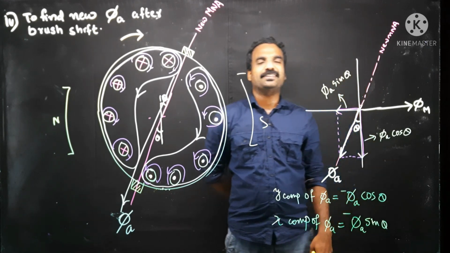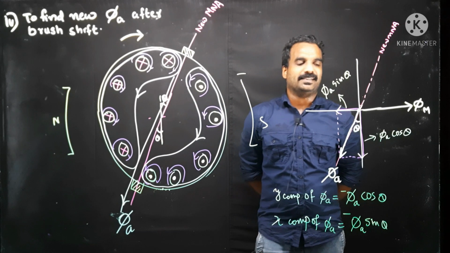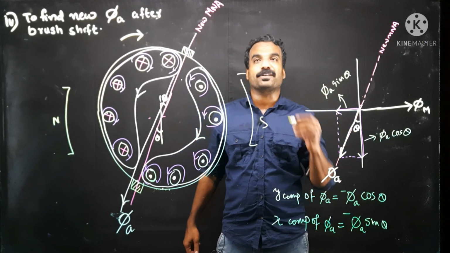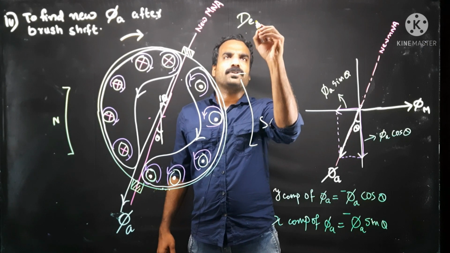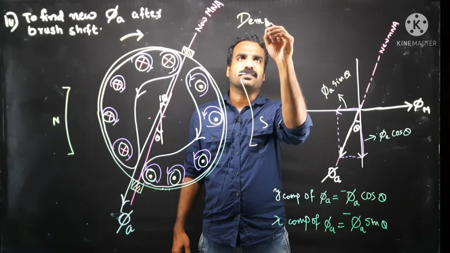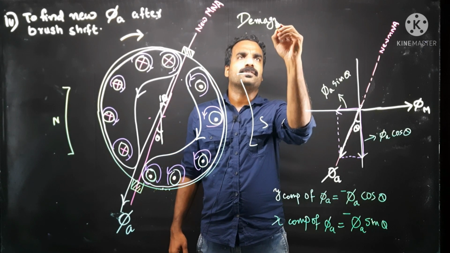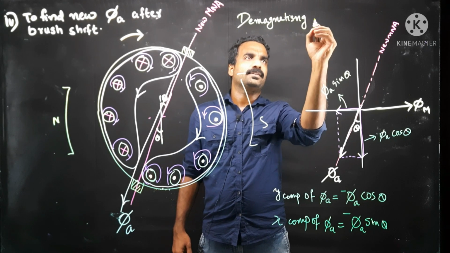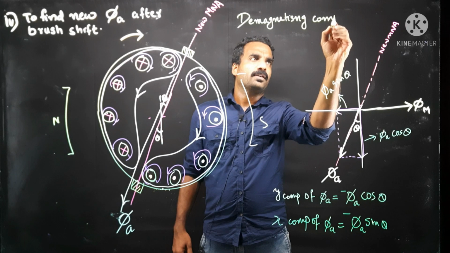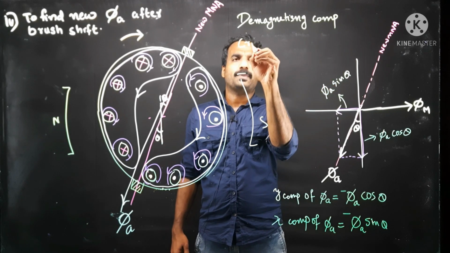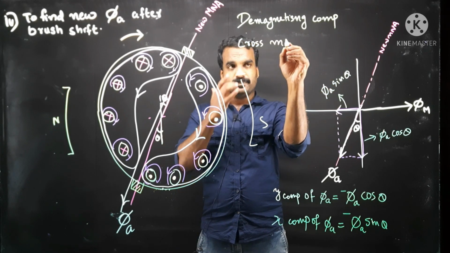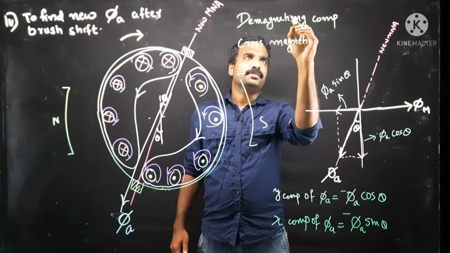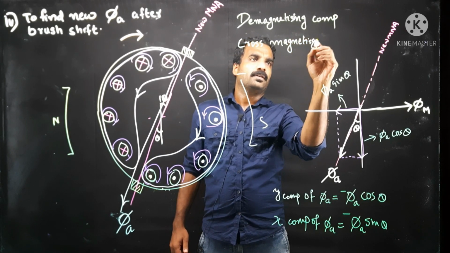Now, tell me which is the demagnetizing component and which is the cross magnetizing component. This is the conclusion. In the previous lecture, I told you that there are two effects, demagnetizing effect and cross magnetizing effect.